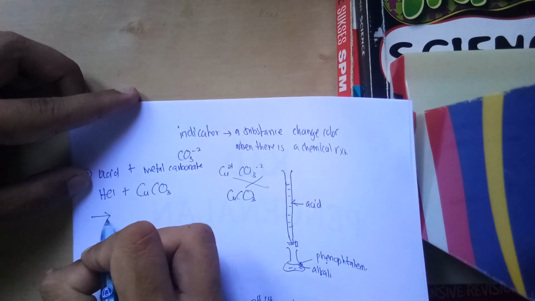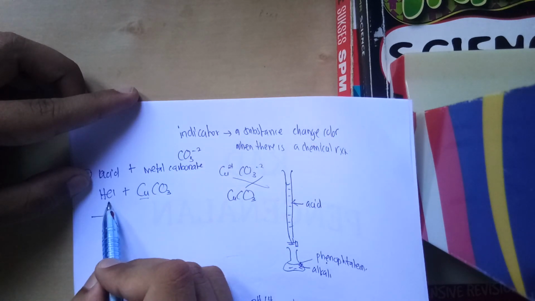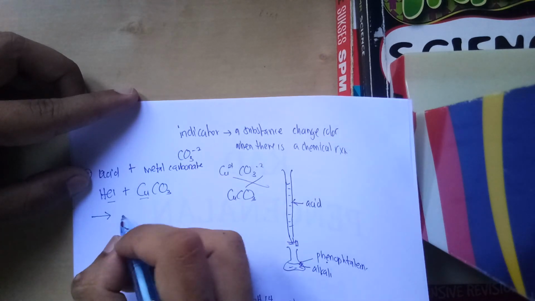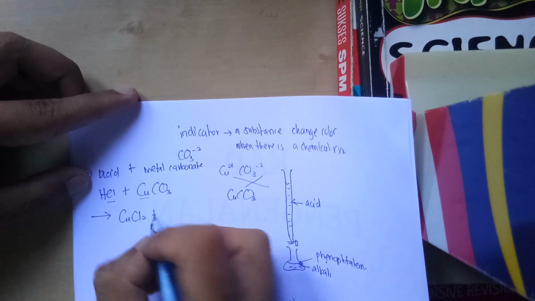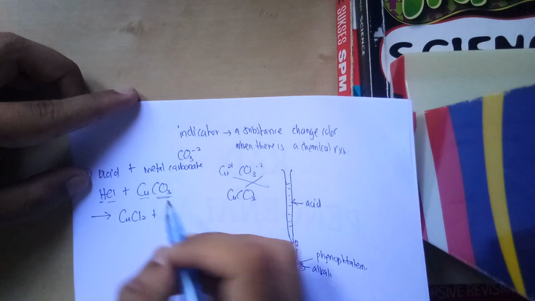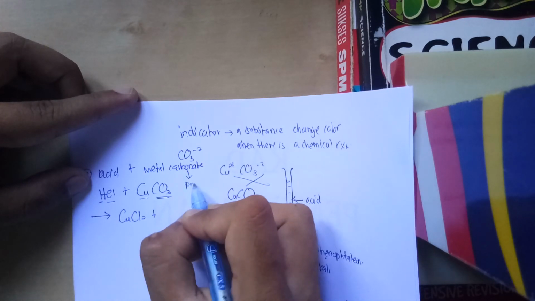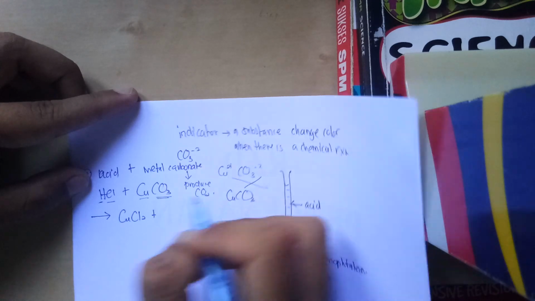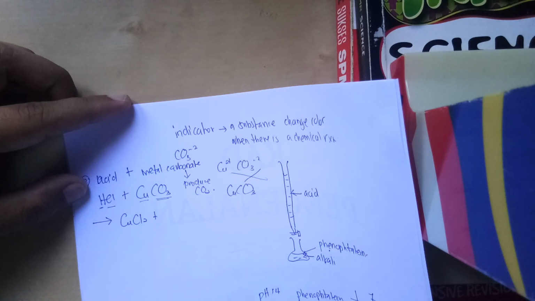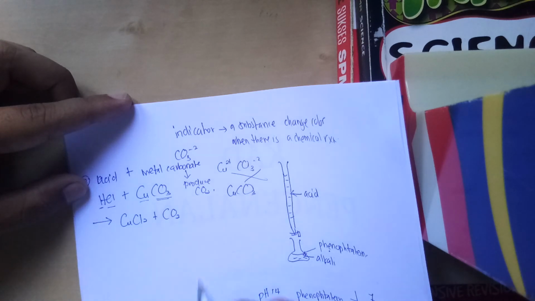So here you have the metal copper, Cu2+, and of course the partner will be Cl minus. If you do the cross multiplication, your product will be CuCl2. And what happened to your hydrogen? You have carbonate here. You need to understand that when carbonate reacts with acid, it compulsorily produces CO2. Take note of that.